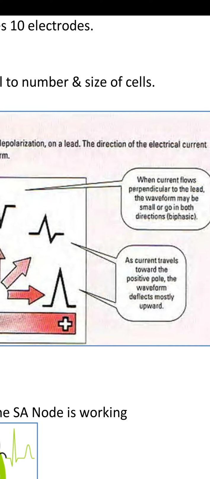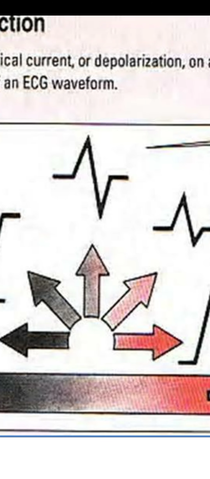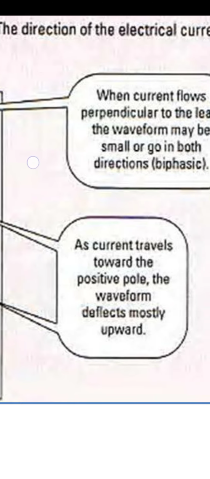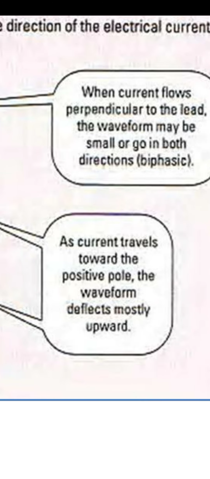The middle one is biphasic. It goes up and down. Biphasic means it shows both directions.